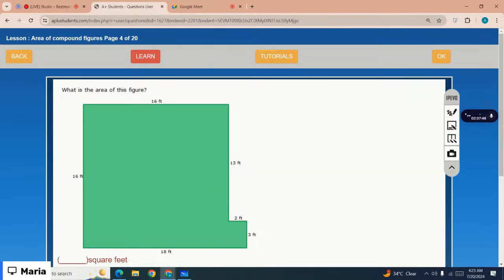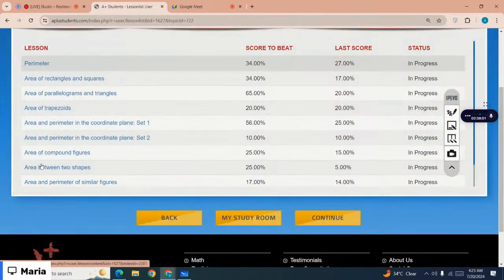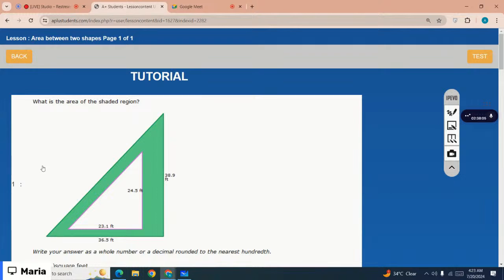Okay, the next lesson is area between two shapes. Let's just start with the lesson. Okay, what is the area of the shaded region? You are given two triangles. You need to calculate the area of the shaded region.